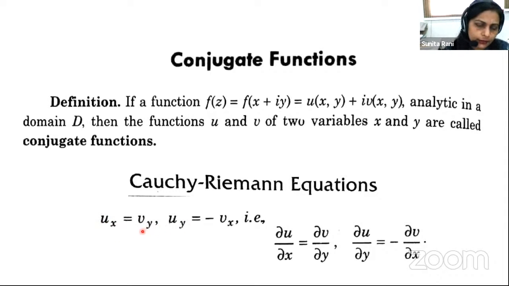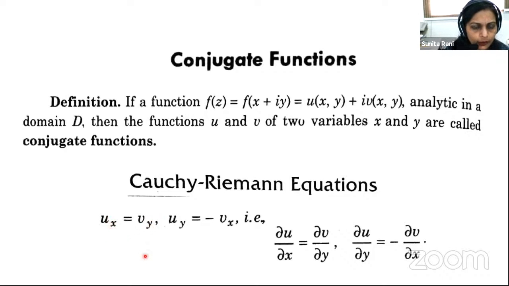Then we can say that the function satisfies the Cauchy-Riemann equations. ux is equal to vy, meaning the derivative of u with respect to x is equal to the derivative of v with respect to y. If you have both the variables u and v, then you calculate the derivative with respect to x and the derivative with respect to y.